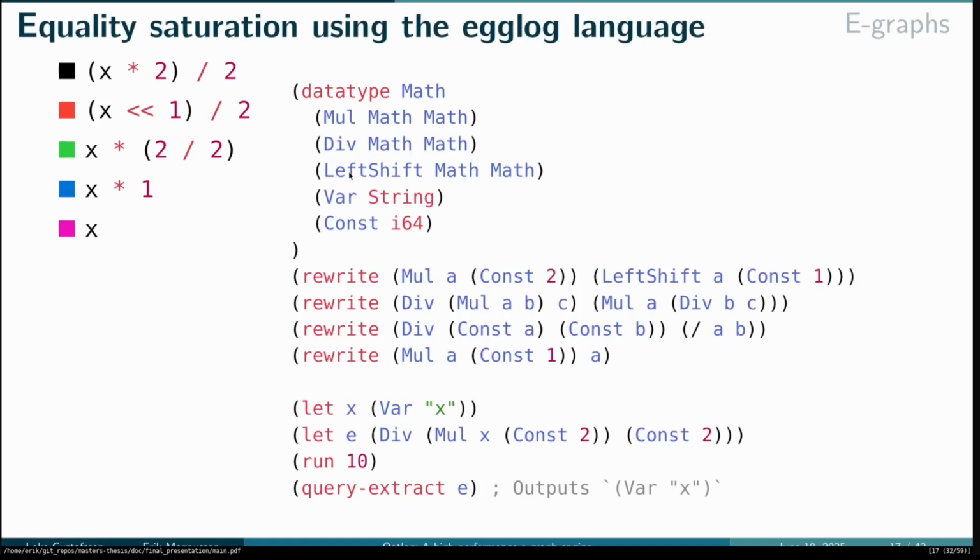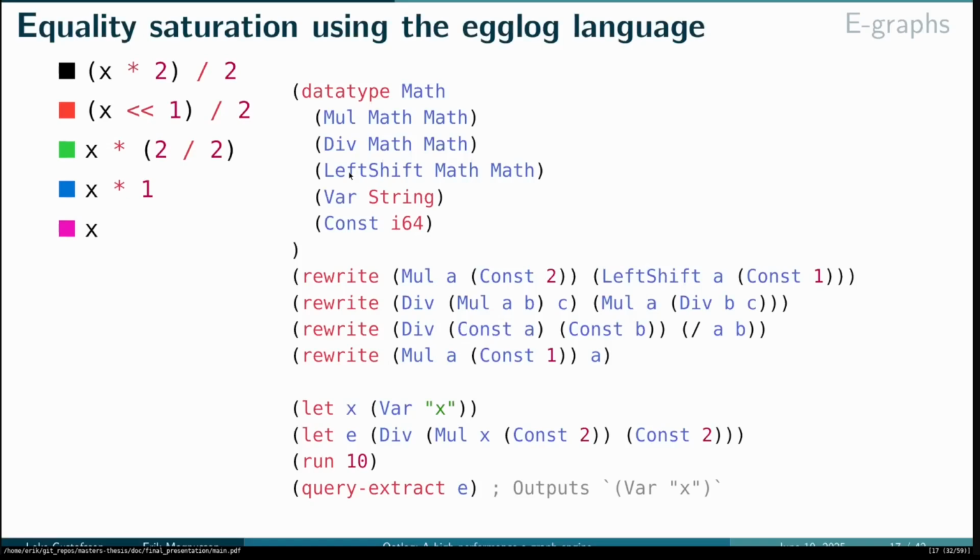And then we have rewrite rules, which somewhat magically find, oh, if this thing exists, then we put this into the graph and say that this entire thing is equal to what we just had, which is precisely how you want to do rewrites. We could declare a variable x, build our expression by combining the various nodes and data structure, and we can step a few times.